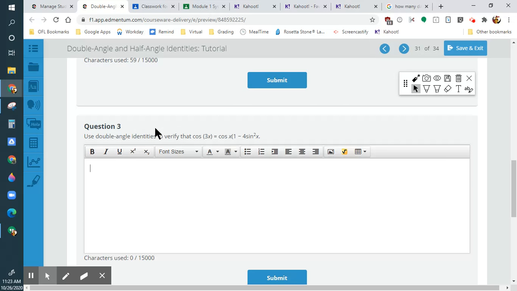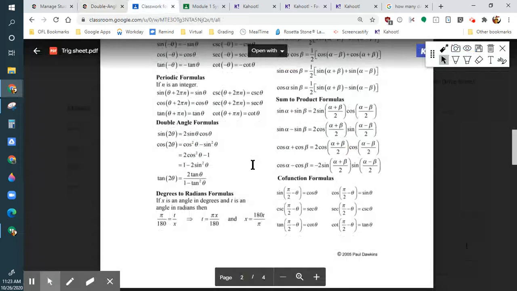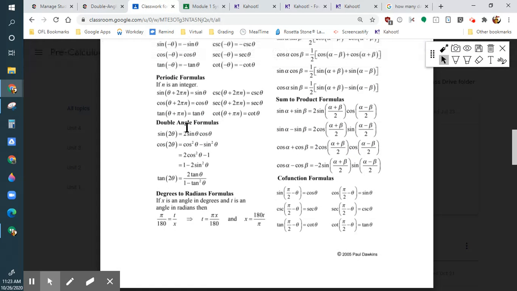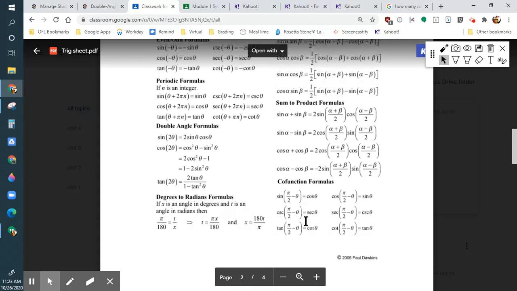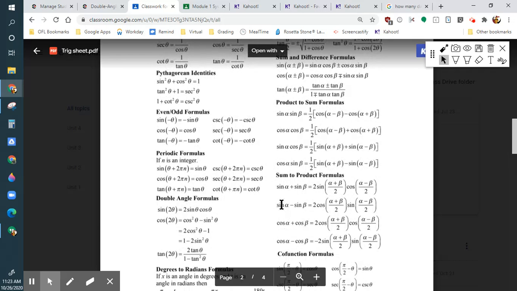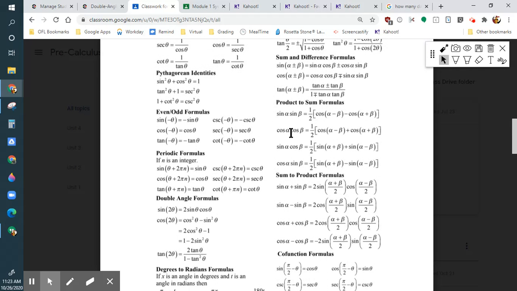Use double angle identities. It's the double angle formulas. Because the one thing students might want to do when they're doing this is they might want to just do cosine of that, but you can't. I can't see me doing this without the identities.